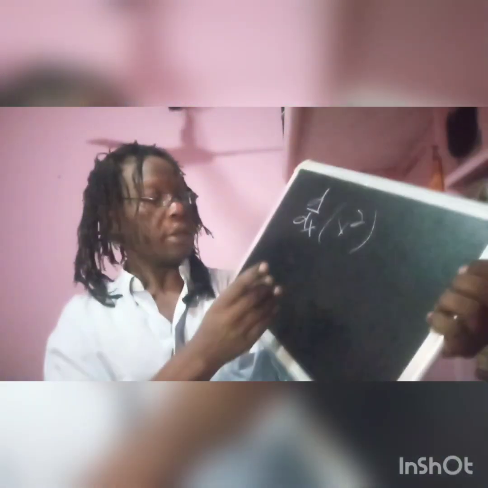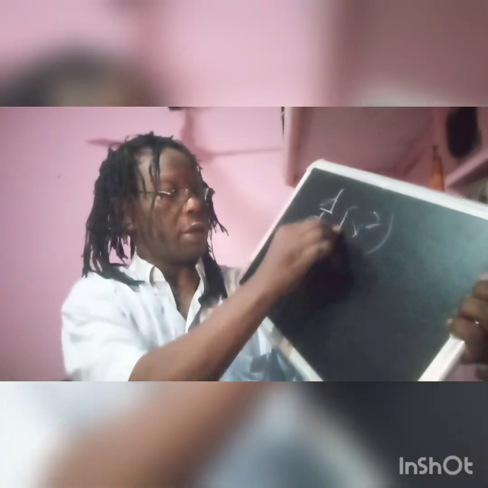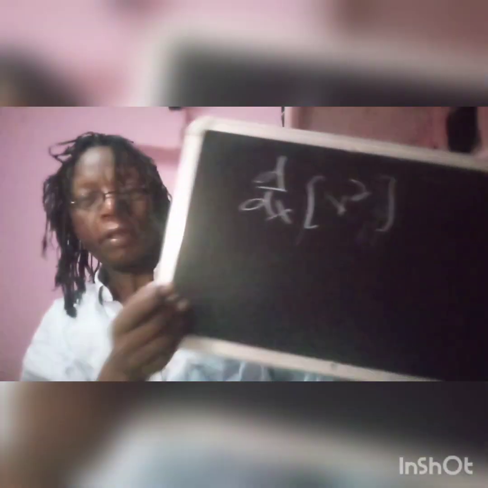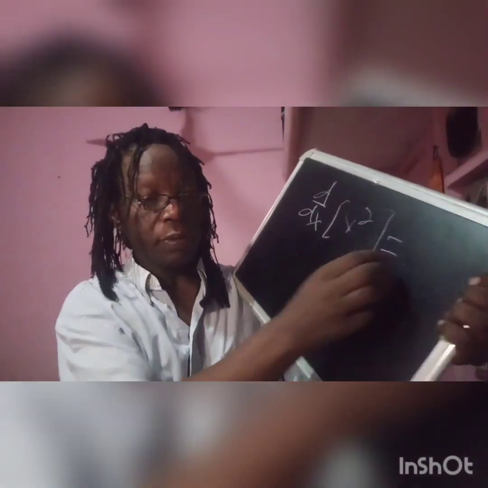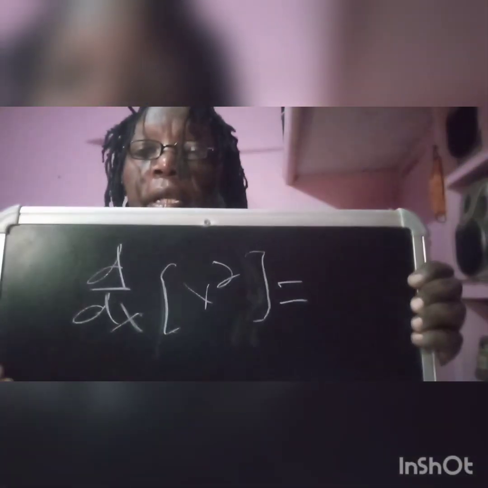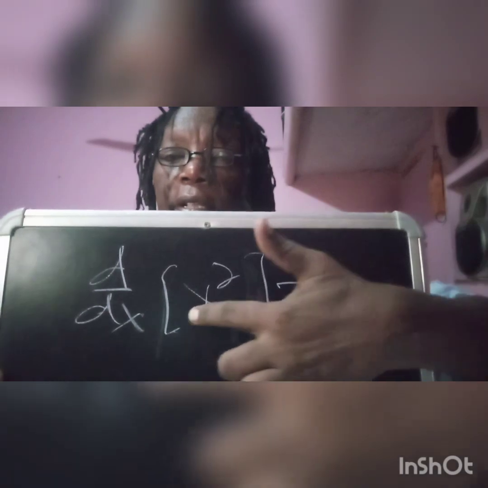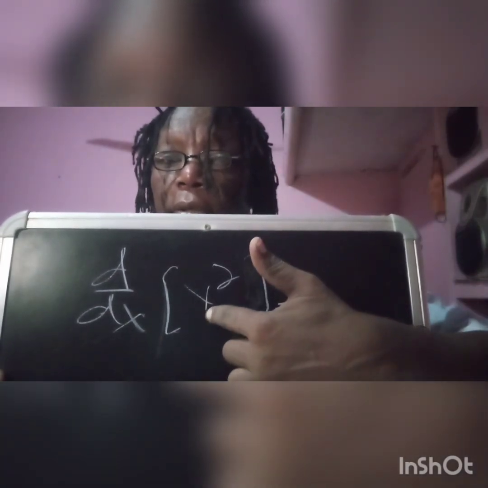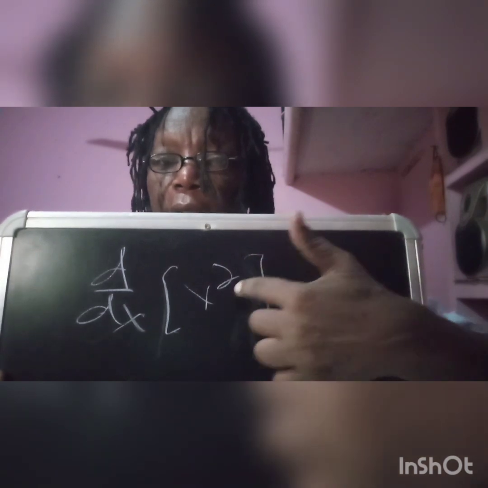Then this one, I have to put it in this kind of stuff. So it's equal to, you've seen d over dx means I'm going to differentiate what is coming next. What is coming next is x squared. This is a placeholder. We're going to put a value here and here.